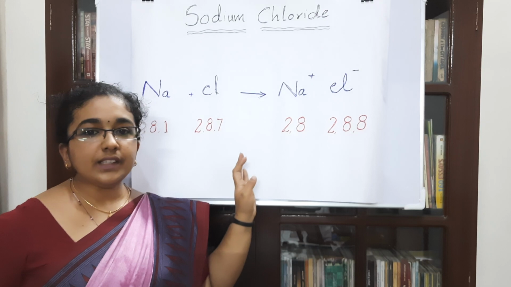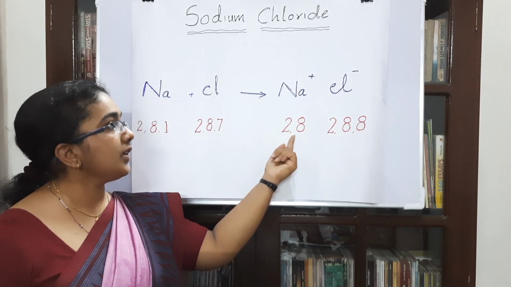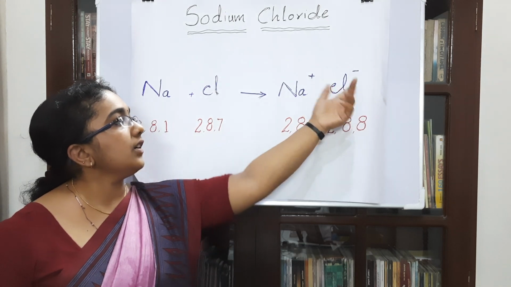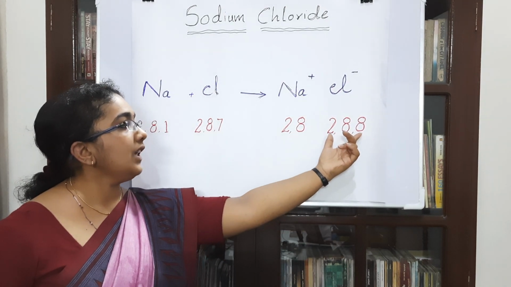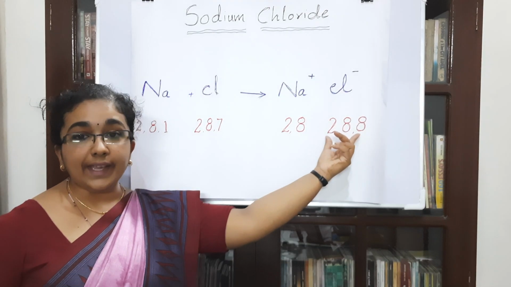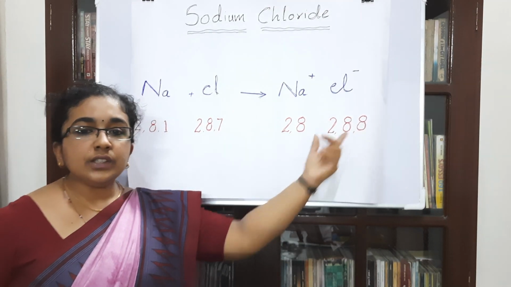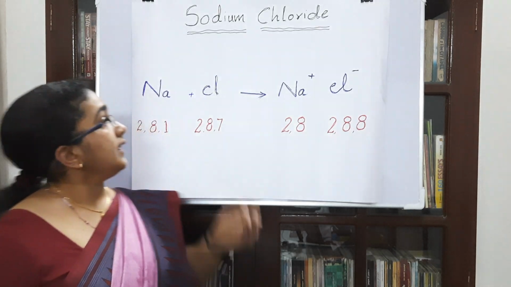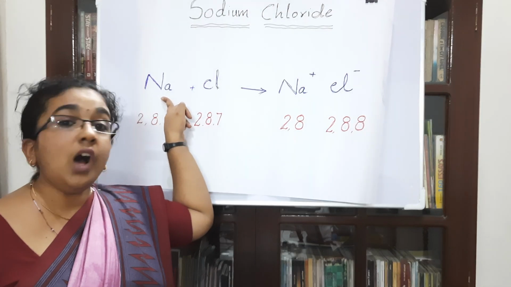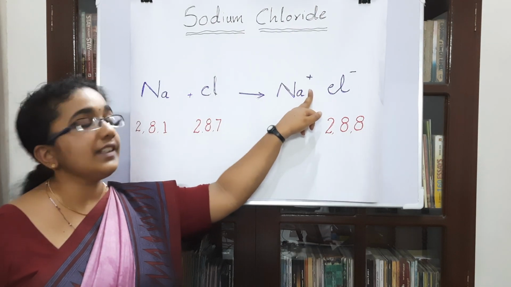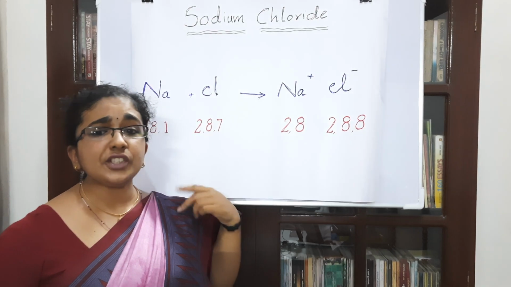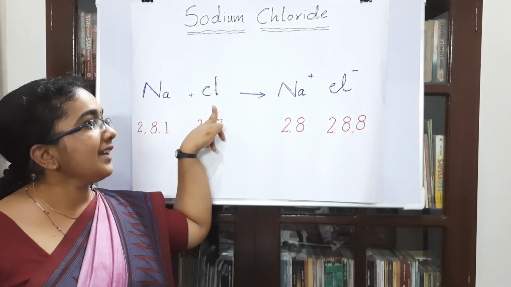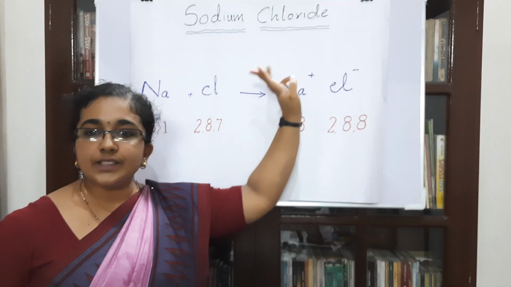The electronic configuration of the sodium ion will become 2,8, and that of the chloride ion will become 2,8,8. Which atom donates the electron? Sodium. How many? One. Which atom accepted the electron? Chlorine. How many? One.